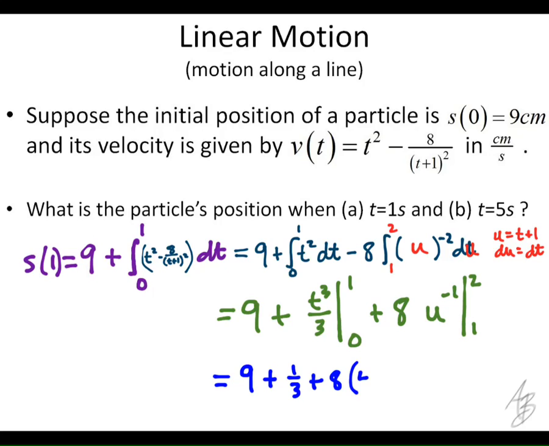So we're going to get 4 minus, and then if we put 1 in here, we get 1 over 1, so that's just going to be 4 minus 8, right? So it's going to be negative 4 times negative 8 is negative 32. 9 minus 32 is negative 23 plus 1/3.